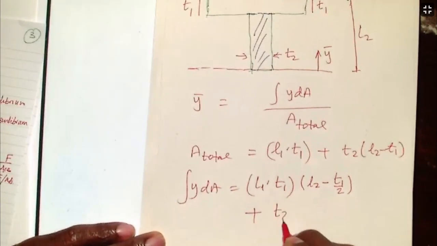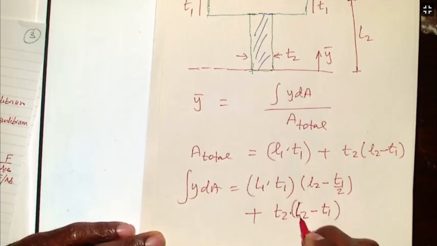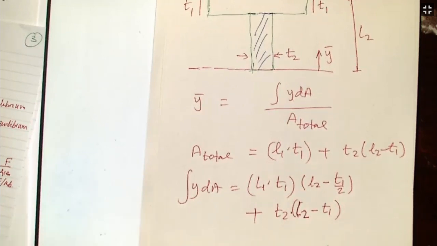T2 multiplied by L2 minus T1. So that is the area. And what is Y in that case? We need to multiply by the distance from the base of the center of the cross-section. What should that be?